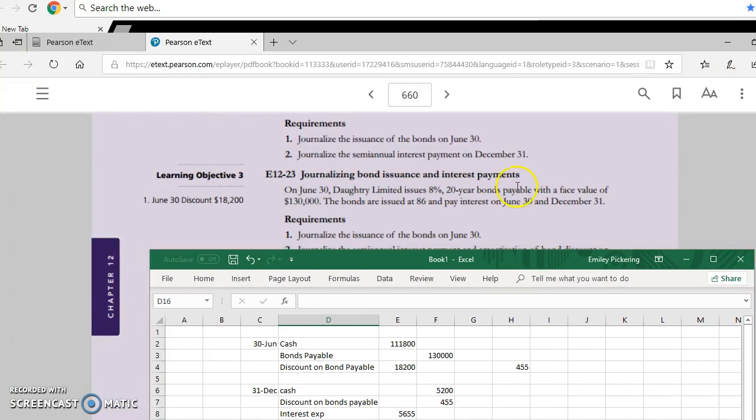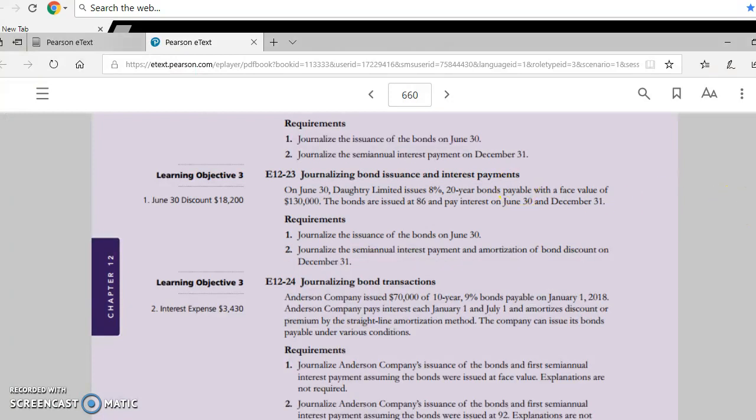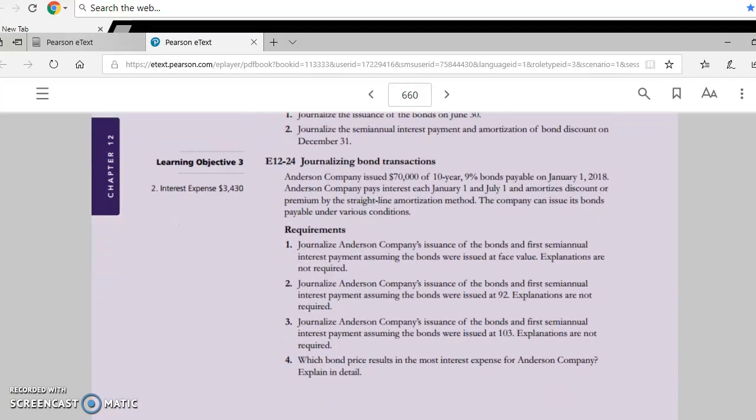So let me go ahead and do an example of a premium. Let's see. So I'll just do the premium here, which is number 3. So we have a 70,000 10-year 9% bond, and number 3 says we're going to issue it at 103.